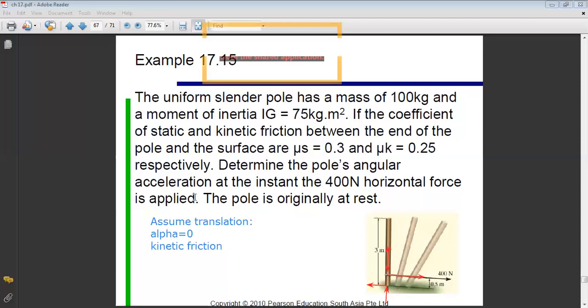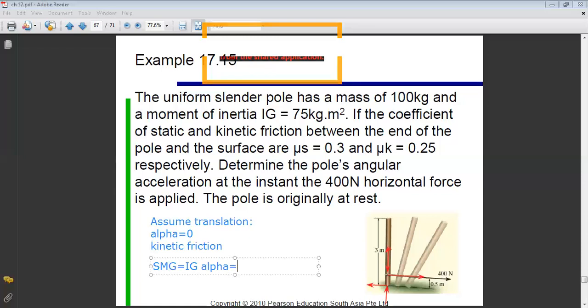Let's do it. Sum of moment about G is equal to Ig times alpha. We want to check if alpha can be 0.